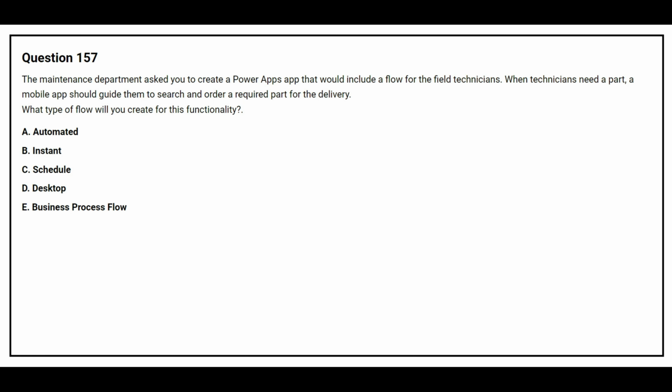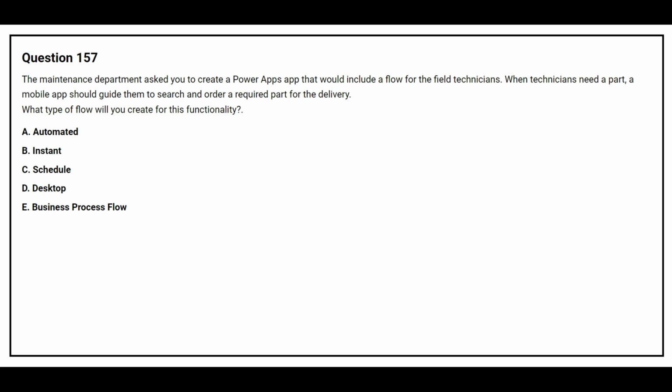Question number 157. The maintenance department asks you to create a Power Apps app that would include a flow for the field technicians. When technicians need a part, a mobile app should guide them to search and order a required part for delivery. What type of flow will you create for this functionality?